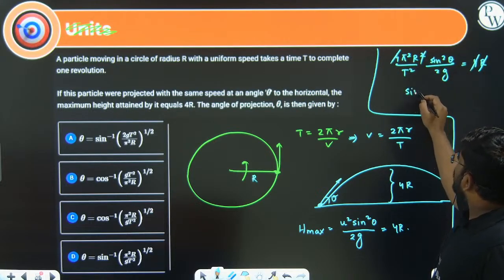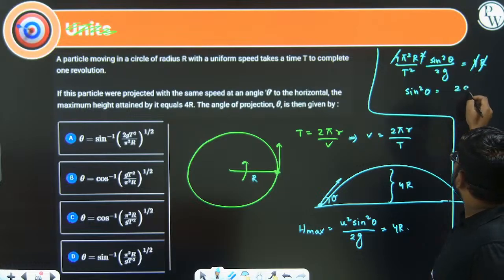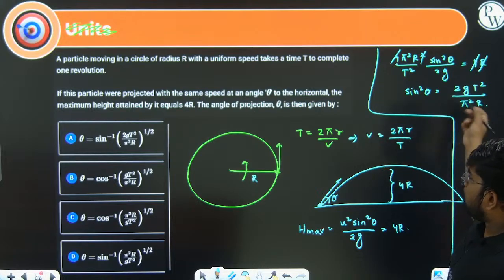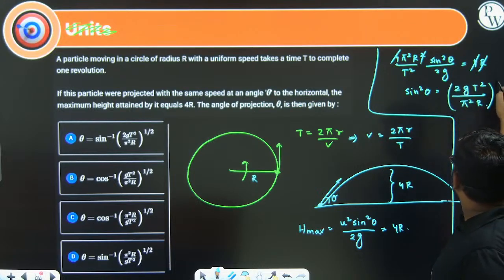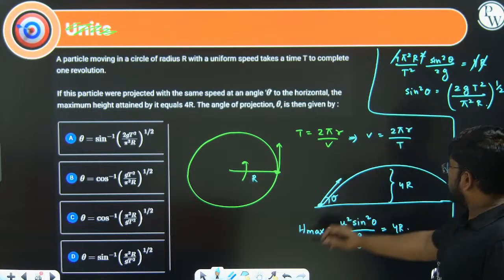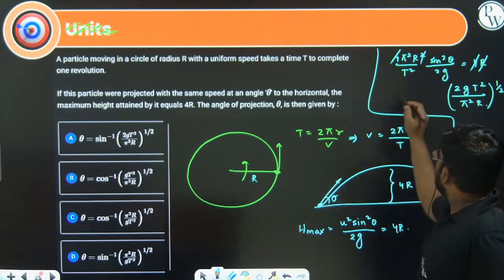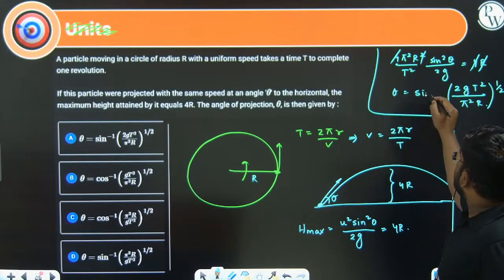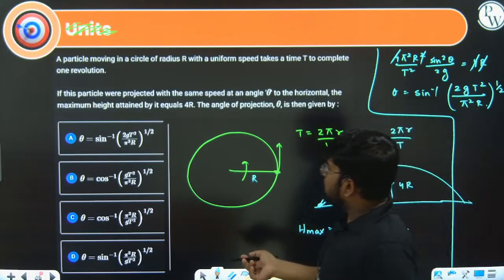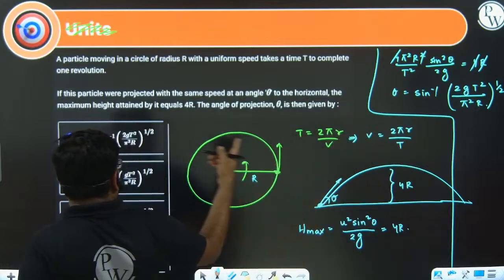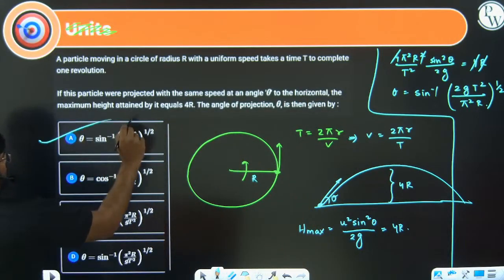Sine square theta comes to 2g t square by pi square r. Now put a root over it, it becomes 1 by 2. We want theta ultimately, so theta is equal to sine inverse of 2g t square by pi square r, whole to the power 1 by 2.